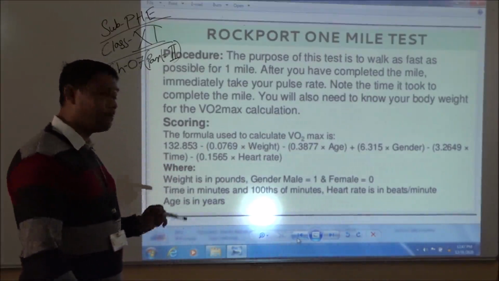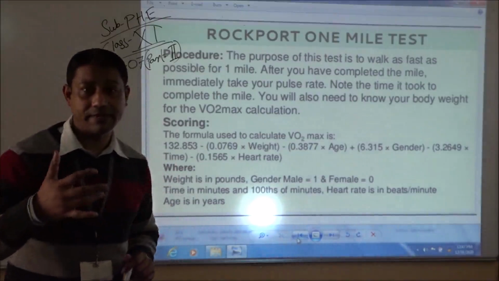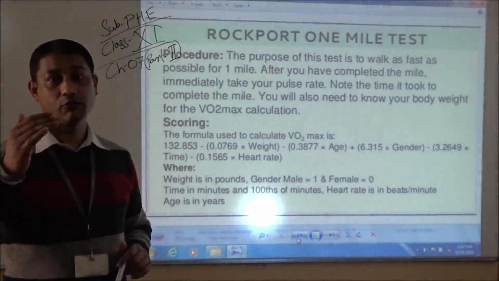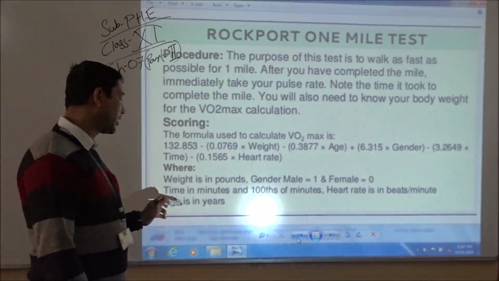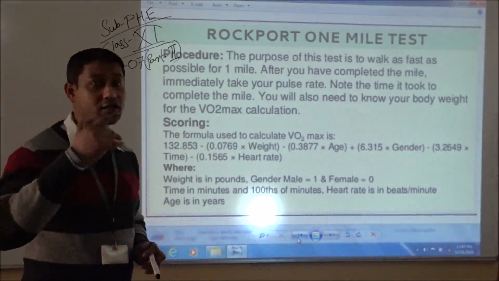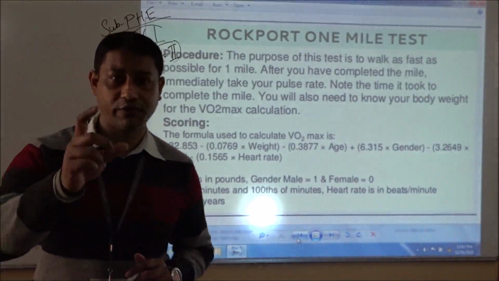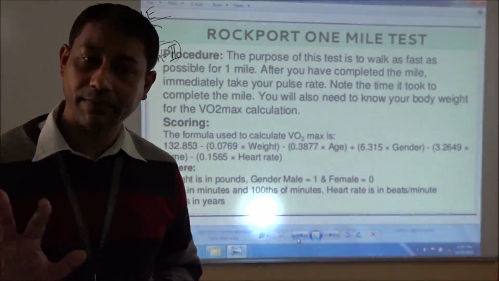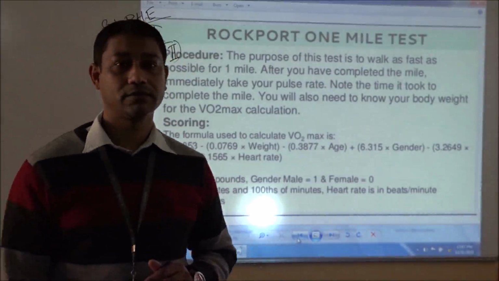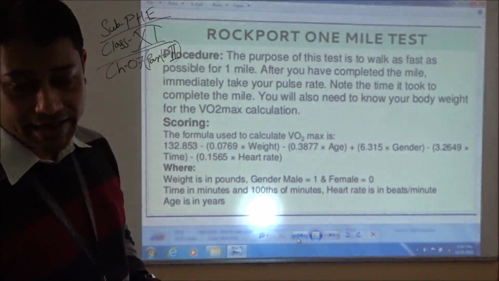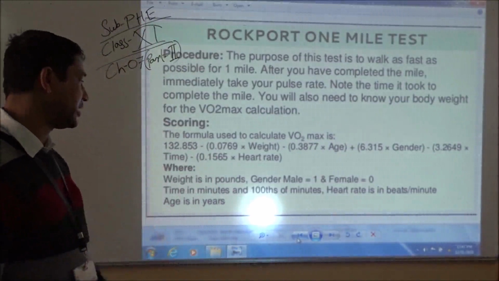Time means the time taken to complete 1 mile will be recorded in minutes or hundredths of a minute. Heart rate will be measured for the first 15 seconds, then it will be multiplied by 5. Age will be measured in years.